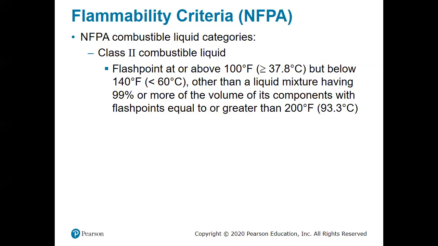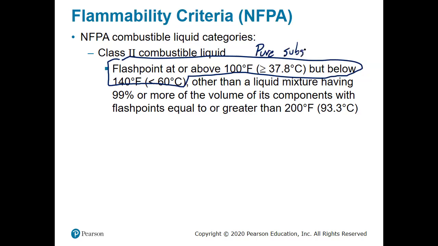So this first part defines if I have a pure substance, so if I were looking at straight up isopropyl alcohol, I would define it as class 2 if isopropyl alcohol fit into that window of flash point.